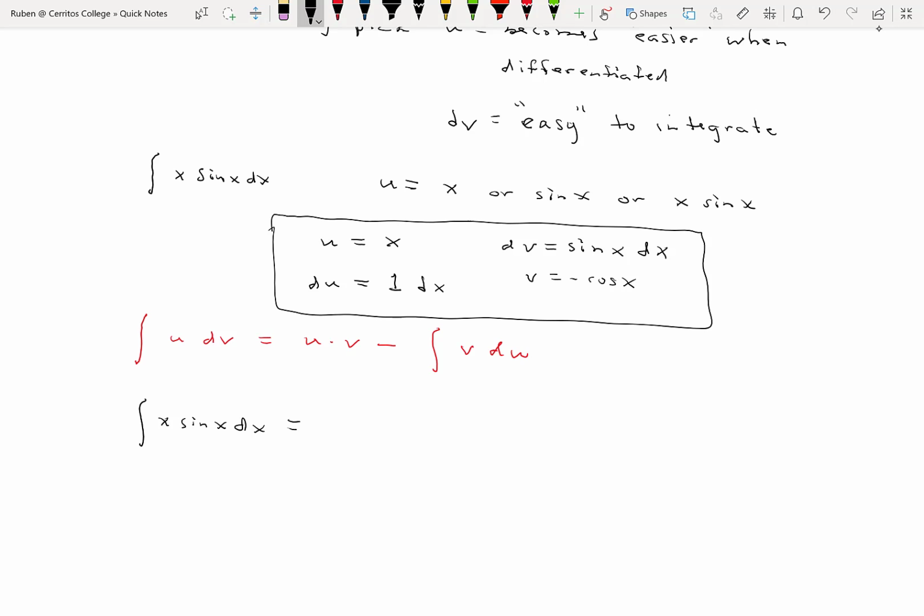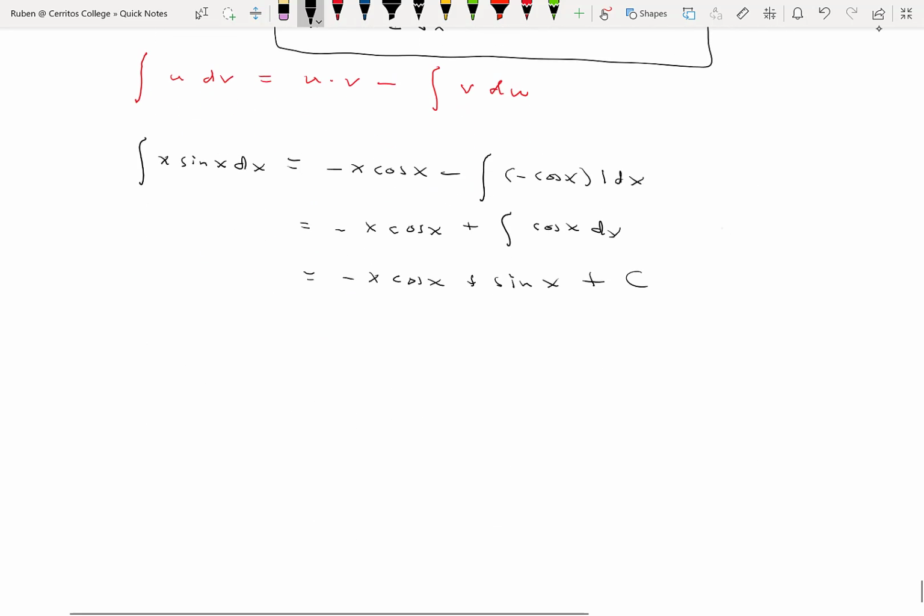Well, u times v is minus x cosine x, minus the integral of v, minus cosine x, times du, times 1 dx. And that last integral, minus cosine x times 1 dx, is very simple. This is just negative x cosine x plus the integral of cosine x with respect to x. So that leaves us with negative x cosine x. Integral of cosine is sine, plus sine of x plus a constant.